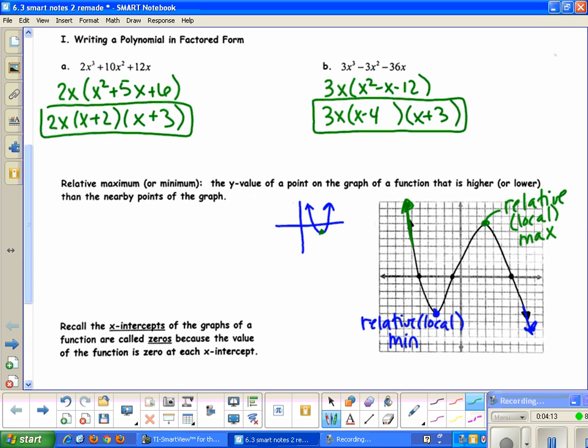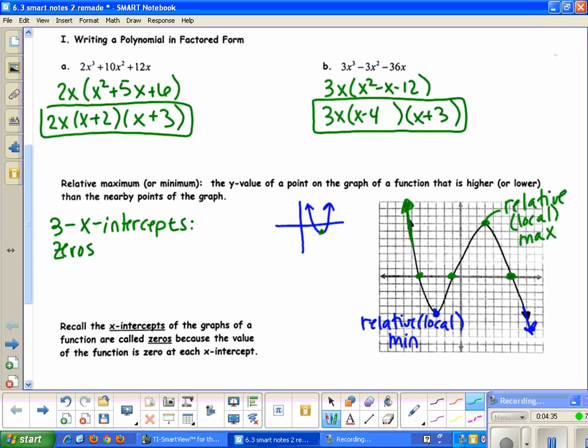Now, if you look at this graph, I can see 1, 2, 3 x-intercepts. And x-intercepts are also called the zeros of the graph. Why are they called the zeros of the graph?